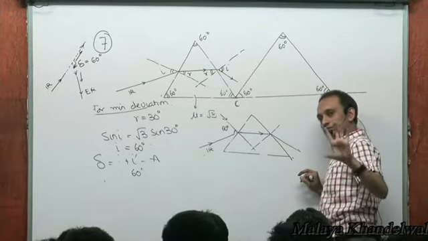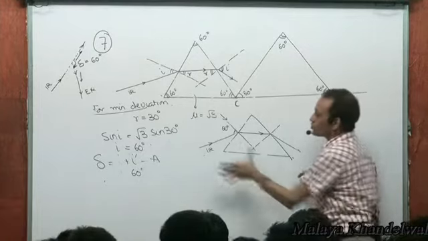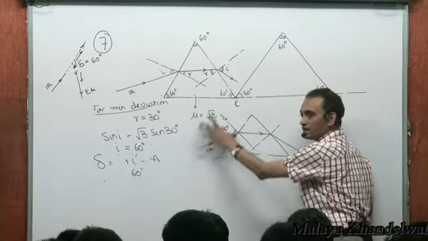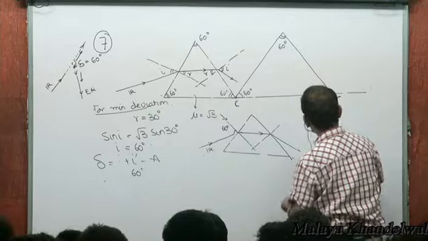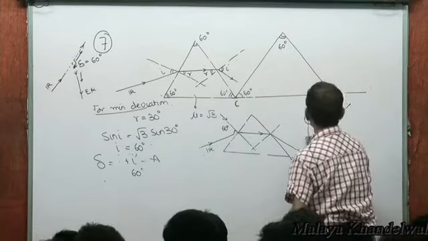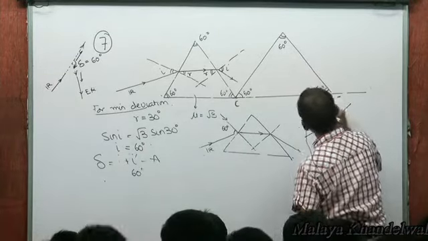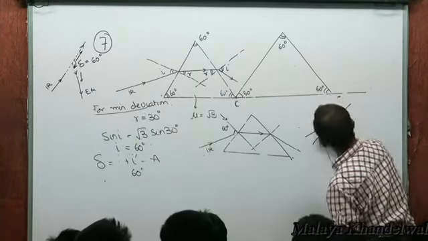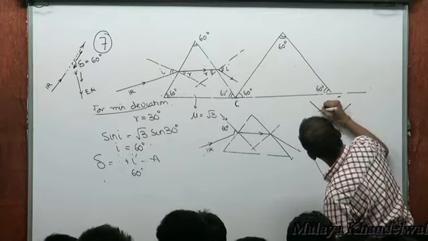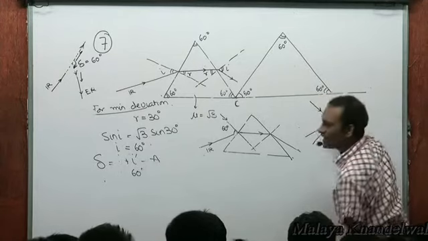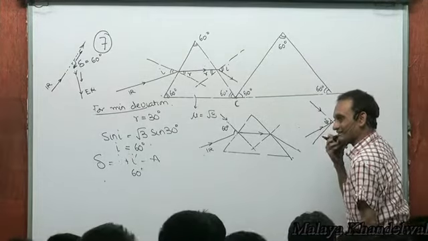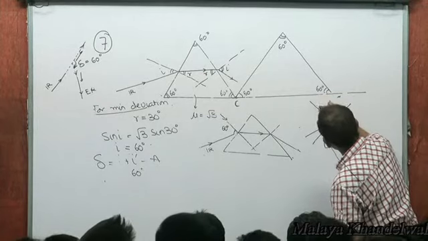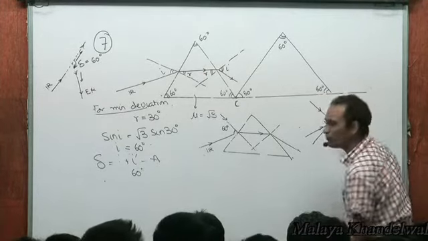The prism rotated the incident ray by 60 degrees. That means, what did the prism do? If this was the direction of the incident ray, this was already 60 degrees, right? The prism produced an emergent ray which was rotated by 60 degrees like this. That means it produced an emergent ray which was perpendicular to the first face.